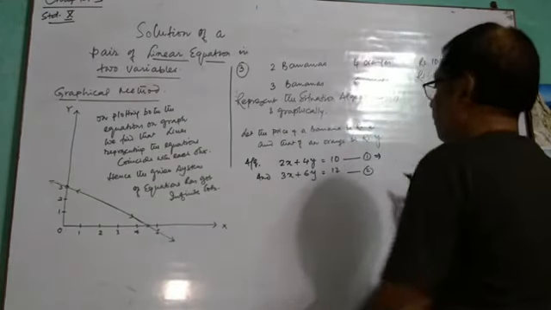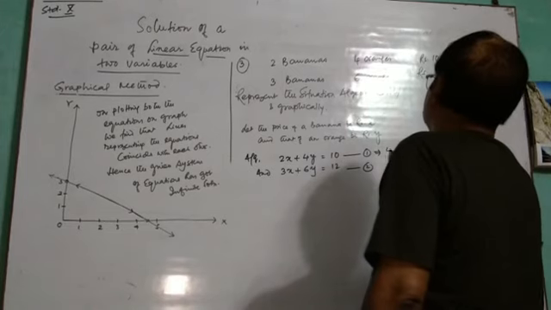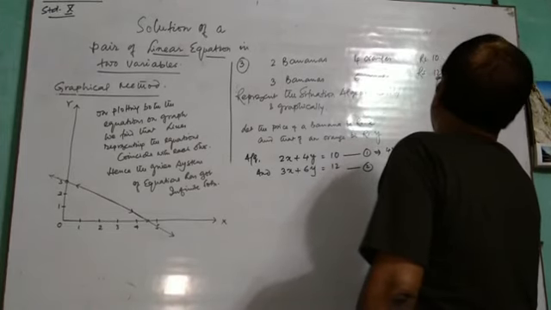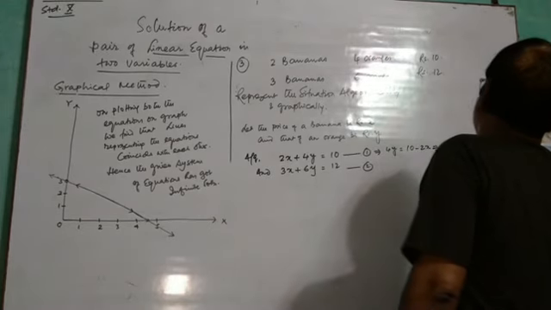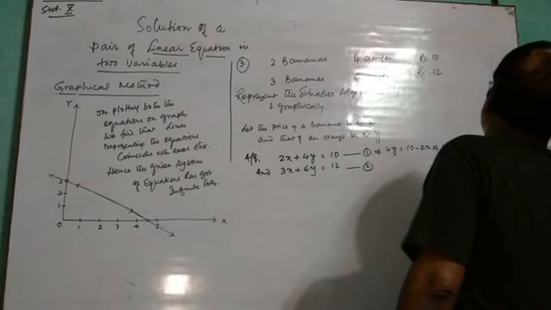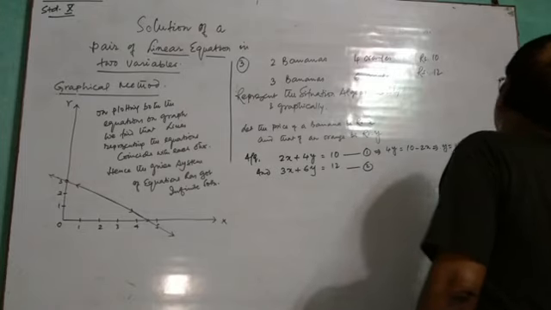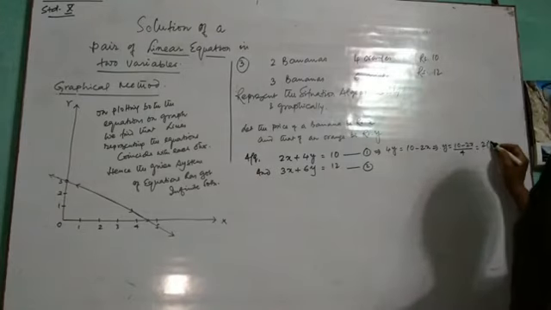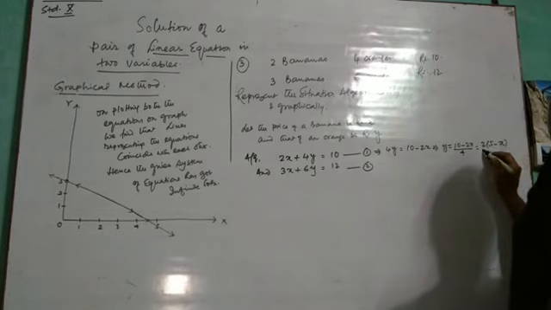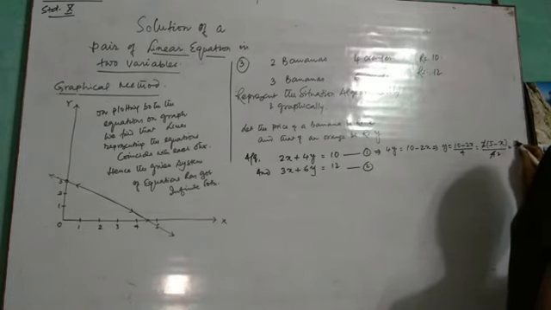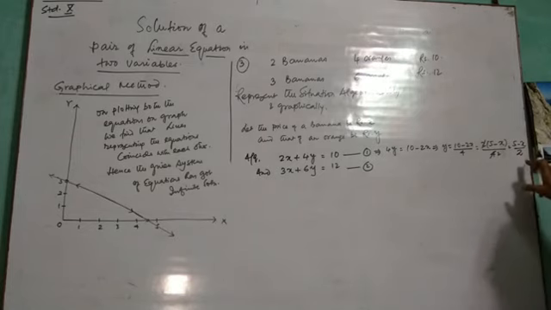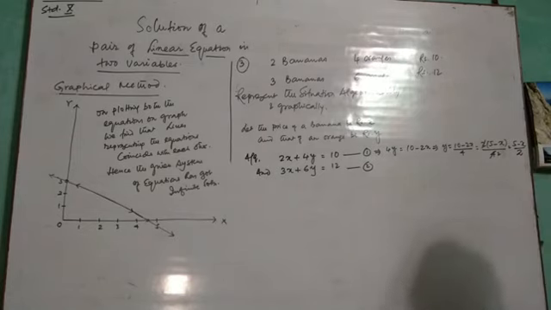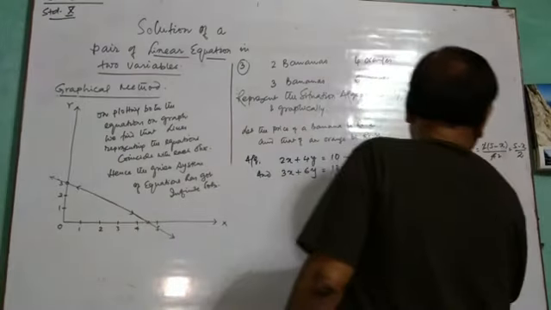We will express y in terms of x. 4y is equal to 10 minus 2x, or y is equal to (10 minus 2x) by 4. Take 2 as common: 2 times (5 minus x) by 4, which is (5 minus x) upon 2. I hope it is visible, students. Now the value chart.